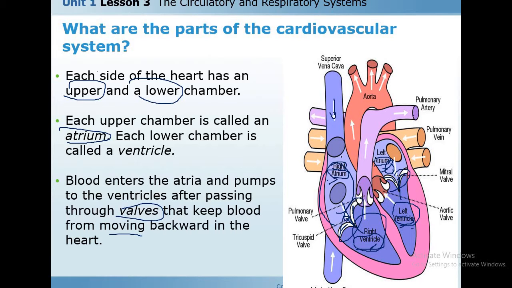So the blood enters through the atrium, and then after passing through the valve, it gets inside the ventricle. What's important about the valve? It prevents the blood from moving backward. That's it.